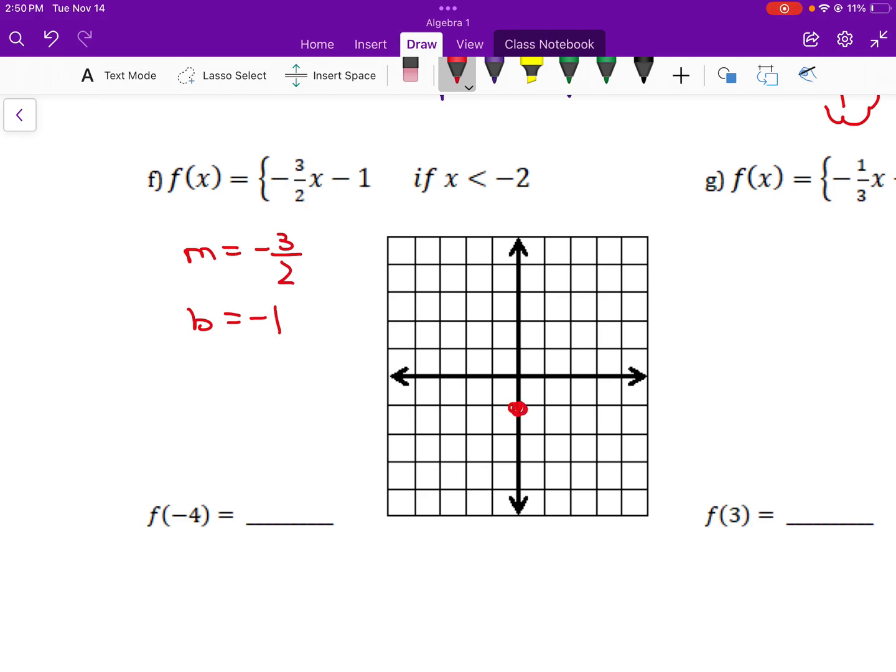Beginning here, down 3, right 2, down 3, right 2. Cutting at -2, and we want everything less than, so to the left, and it's open because of the inequality sign. Then f at -4 is -3/2 of -4 minus 1. That would be 12 over 2, which is 6, minus 1, which is 5.